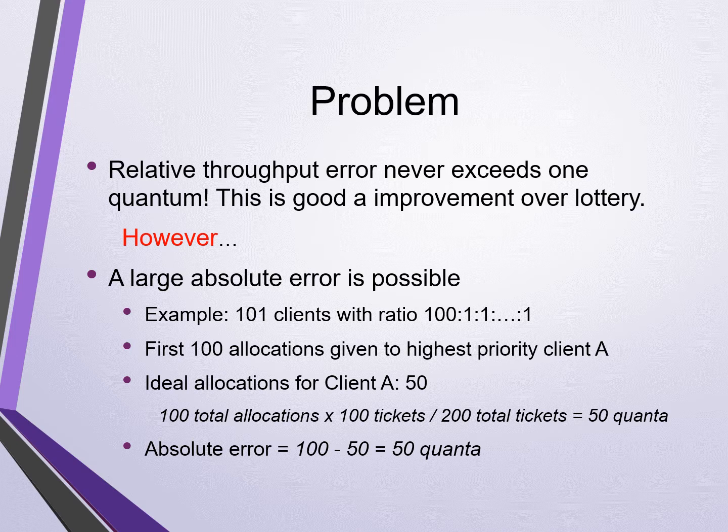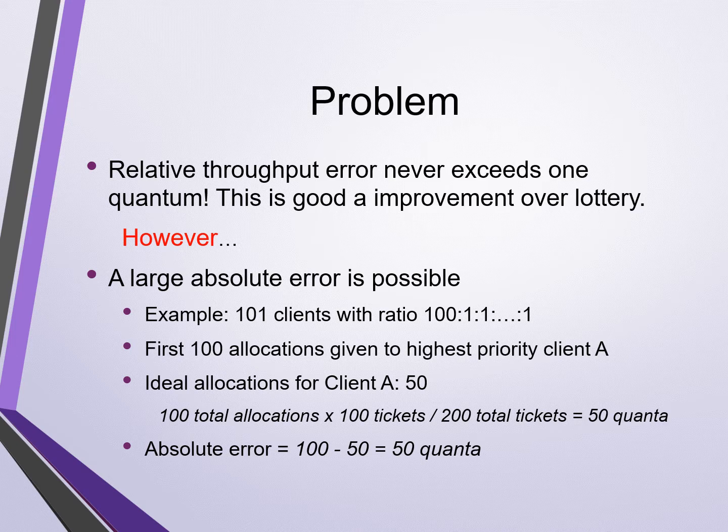This is a ratio of 100 to 1 to 1 to 1 and so on for the rest of the clients' ticket allocation. An ideal schedule would minimize absolute error and response time variability by alternating each of the 100 tickets of the high priority client with each single ticket client.